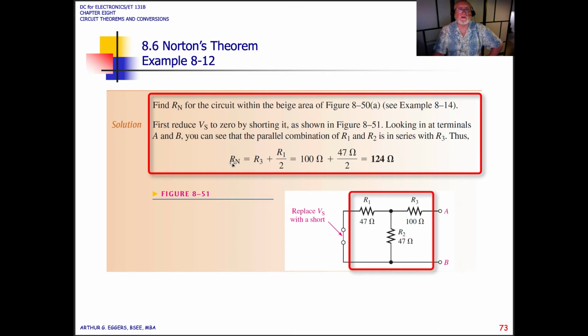Thus, the Norton's resistance is R3 plus R1 divided by 2. Again, these are both the same value here. So 100 ohms plus 47 divided by 2 gives us 124 ohms as our R Norton value.